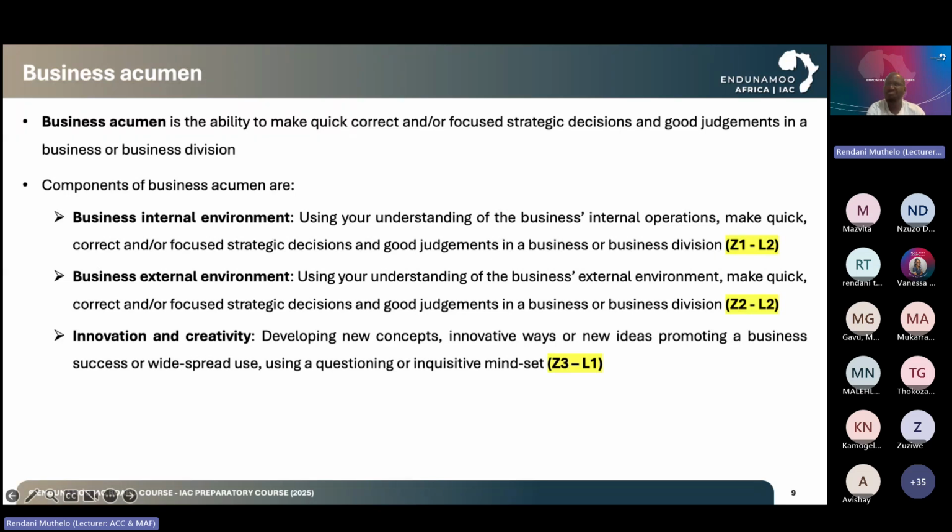L1 means they're going to be very light. They're not going to be very demanding. They might even give you a couple of things, and you just need to connect the final dots. For instance, with borrowing costs, they might give you how much cost is going to be capitalized as part of specific funding, and which as part of general funding. You might be asked to do journals, and you just need to capitalize those costs or know which costs not to capitalize, and that's it.